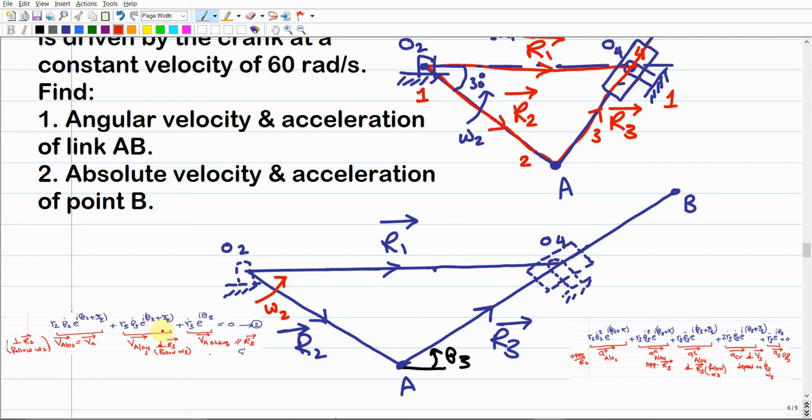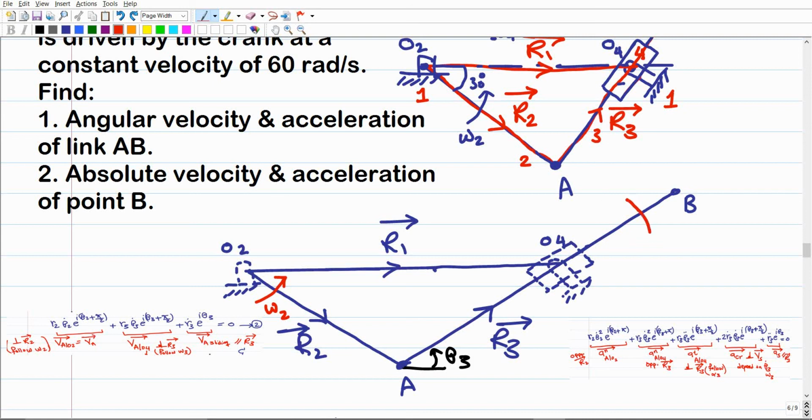But how about omega 3, which is theta 3 dot? We got it as negative 1.38, if you remember. It means that it rotates in the clockwise direction. What does it mean that it rotates clockwise?